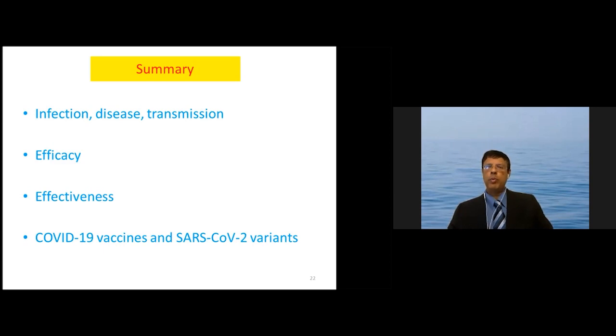And I've spoken to you about COVID-19 vaccines and the SARS-CoV-2 variants, and the variant that we should keep an eye on is the South African variant, as there is a reduction in neutralization, but because the vaccines are still very good, the reduction in neutralization is still able to prevent severe disease and hospitalization.